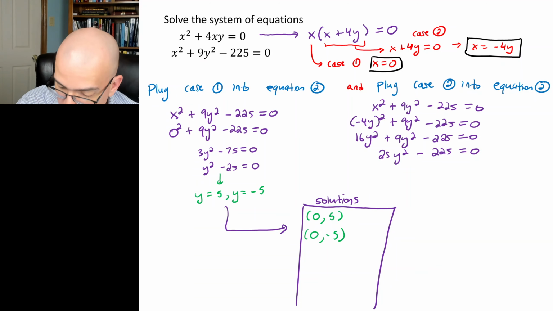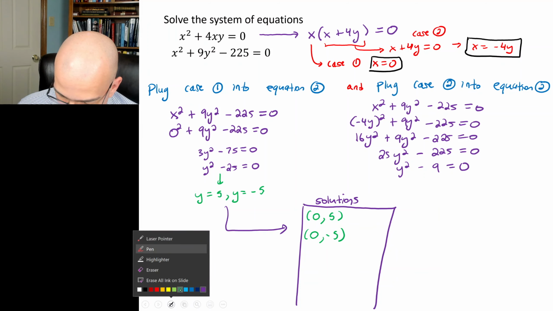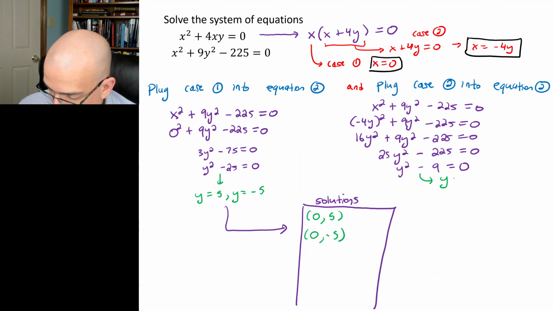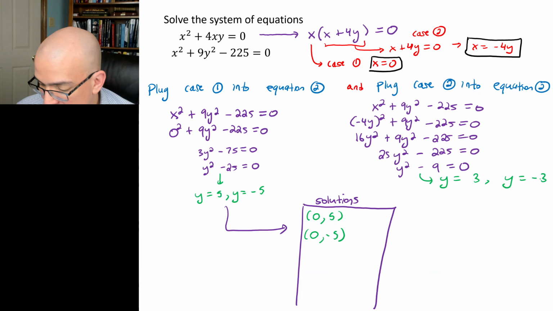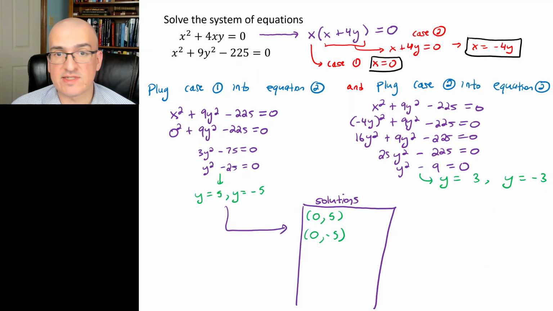And we just saw that 225 divided by 3 twice, so divided by 9, gave us 25, and that means 225 divided by 25 has to give us 9. So y squared minus 9 is equal to 0. And we get two solutions, y is plus and minus 3. But it's not as neat as the last one because we don't know what x is yet.